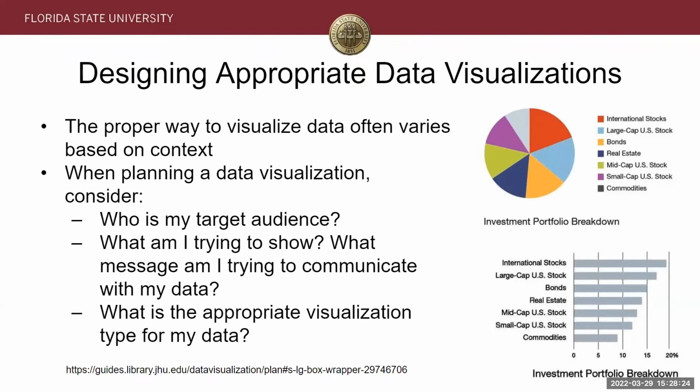What are you trying to show? What message are you trying to communicate with the data? This is where you really think about those relationships between the different data points in your different data series and the different variables that you're trying to focus folks in on. No matter how you present it, the visualization needs to highlight those items, right?